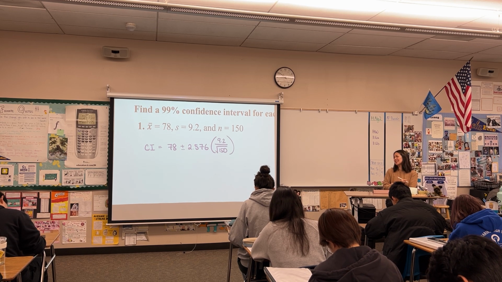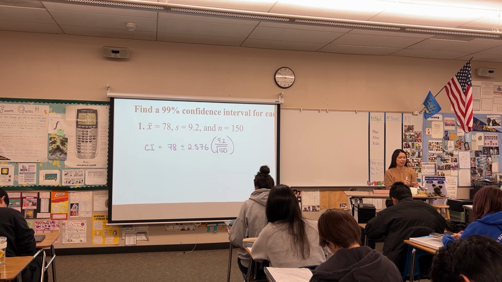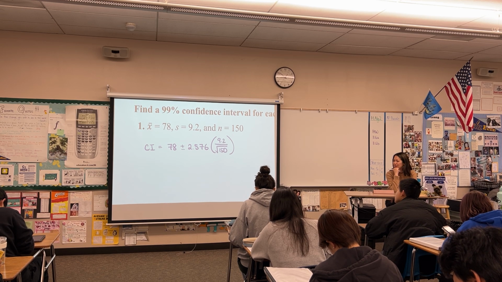Perfect, nicely done, Jesse. Go ahead and type it into your calculator. Let's just make sure nothing funky is happening in that process. And then check with your neighbor, see if you have the same answer.